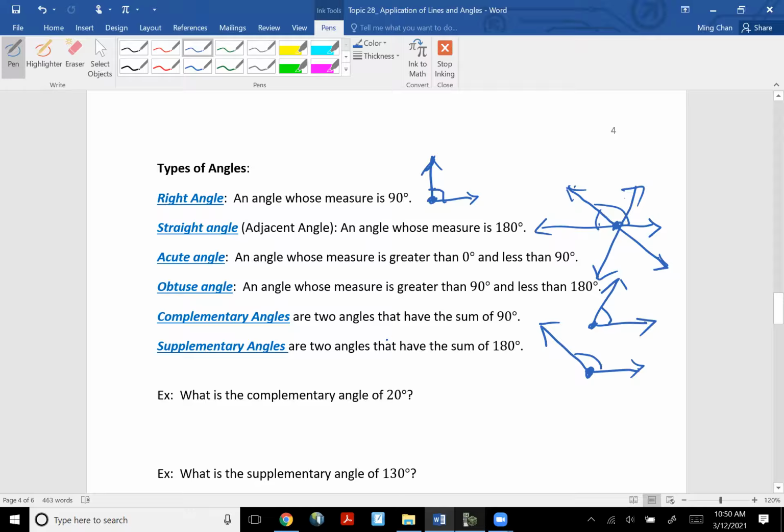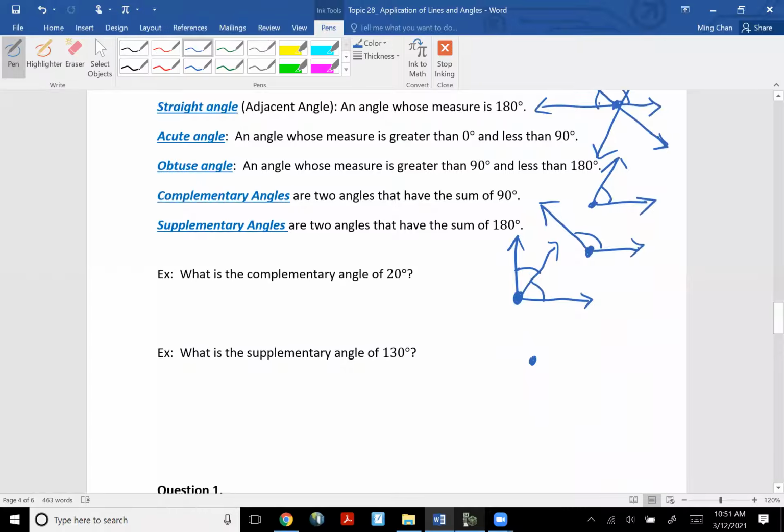Complementary angles simply refer to two angles that have a sum of 90 degrees. So that means if I have a 90 degree angle already, and that 90 degrees is divided up into two separate angles, we can say these two angles together are 90 degrees, or we can say these two angles are complementary angles.